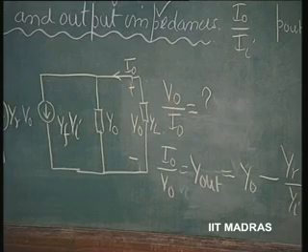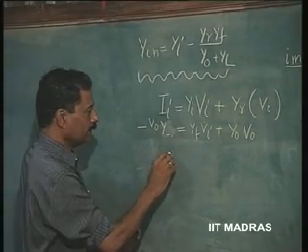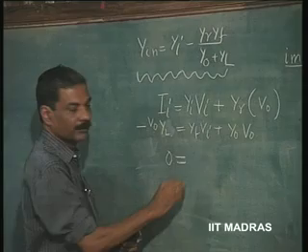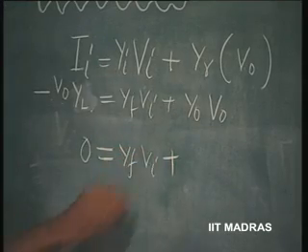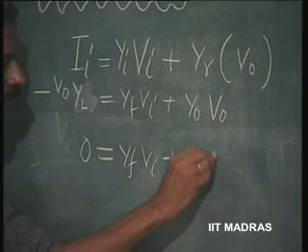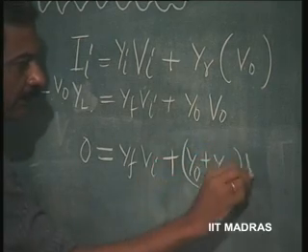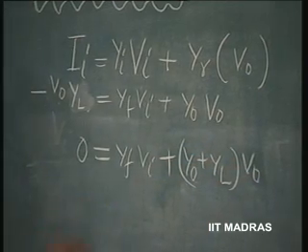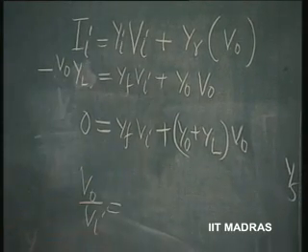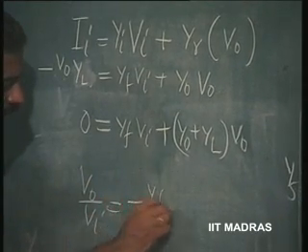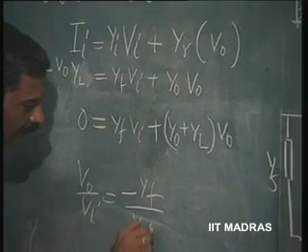We can now say that this relationship is 0 equals YF into VI plus Y naught plus YL into V naught. Or from this we can derive V naught over VI, which we have already done earlier, as minus YF divided by Y naught plus YL.